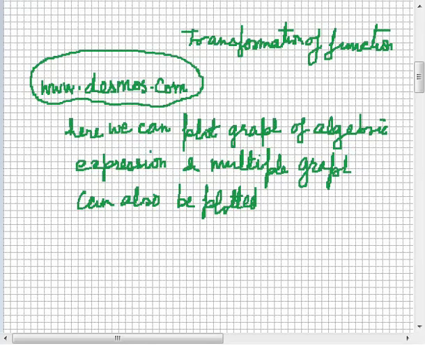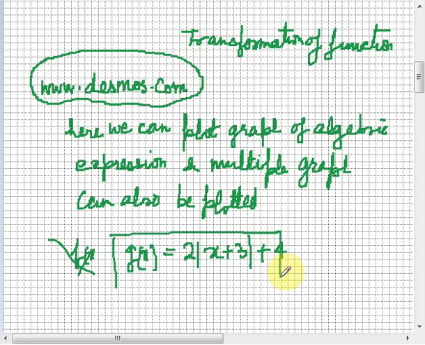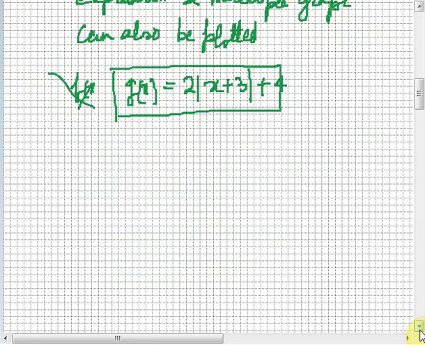The use of this is simply: suppose a graph of a function is given. Suppose we want to plot the graph of 2 mod x plus 3 plus 4. Then by making a table and evaluating values of x and y, it will become very cumbersome.